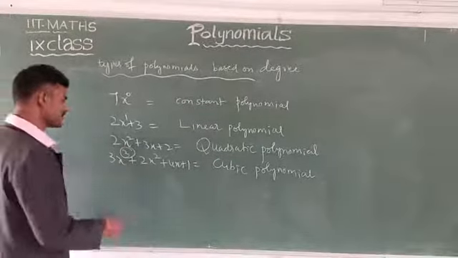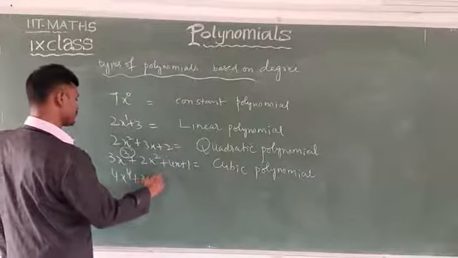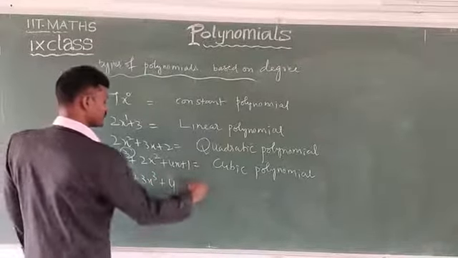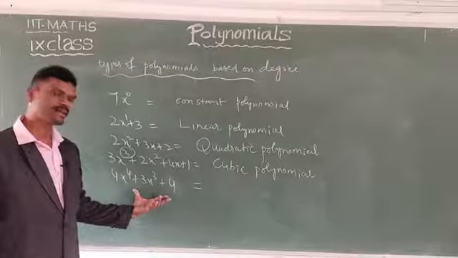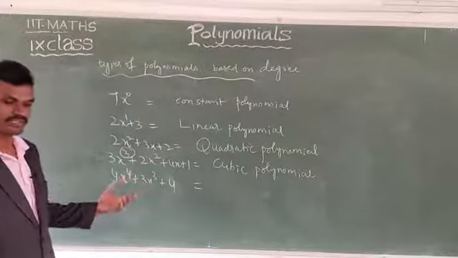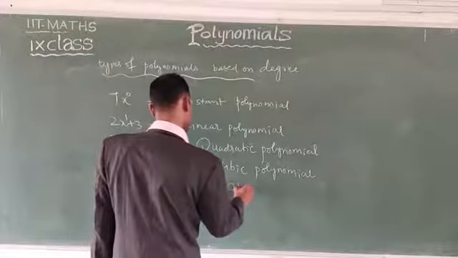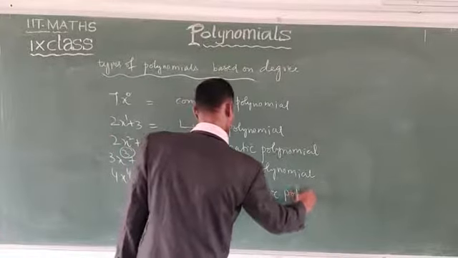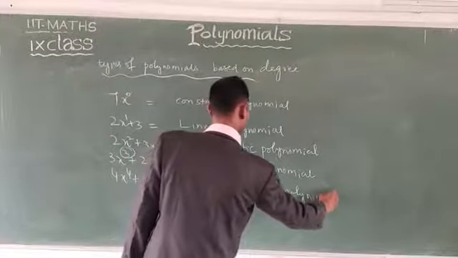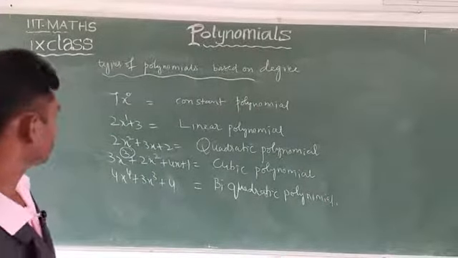Suppose degree 4 means here 4x power 4 plus 3x cube plus 4. Its degree is 4. Here this is 3 times, but its highest degree is 4. That's why this is a biquadratic polynomial.